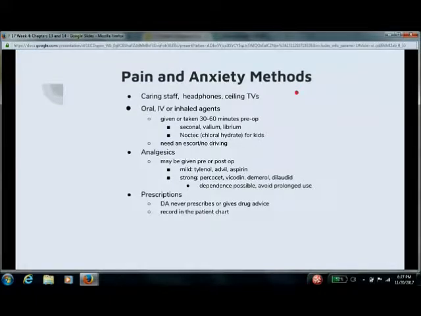All of those patients will need an escort. They need somebody with them. Noctec or chloral hydrate is the best for children. And then we can also give Tylenol, aspirin, Advil, and maybe something stronger for pre- or post-operative pain management.